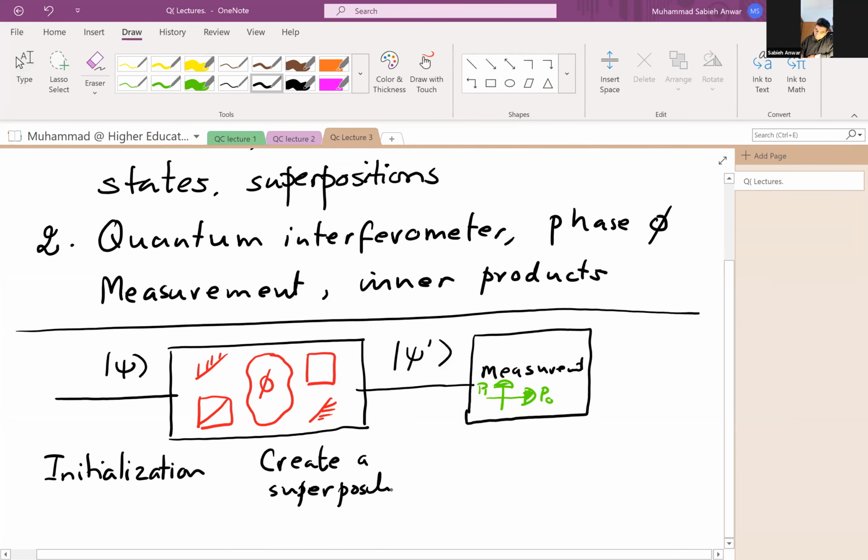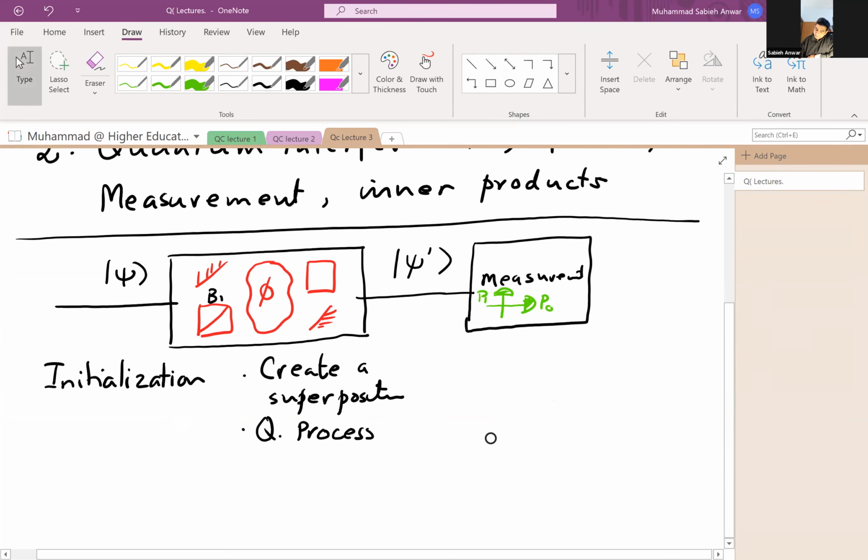In our example, the superposition was created by this beam splitter B1, and then you have some quantum process which manipulates the input quantum state. You have a final state, and then you perform a measurement. So in order to do a successful quantum computation, you need an initialization process, you need some quantum transformation, and you need to be able to do a measurement.